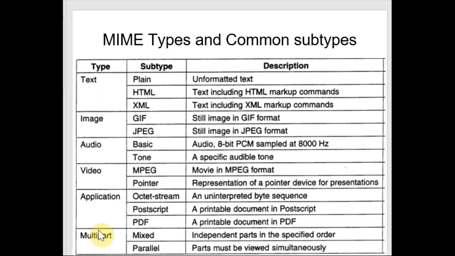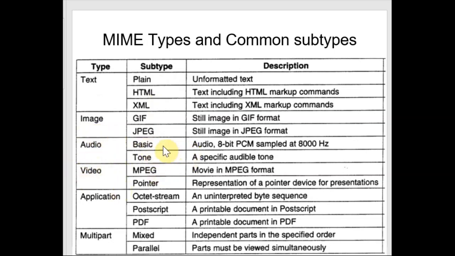For each top level type, there may be several subtypes available, some of which are written over here. In text you can see there are various subtypes, in image there are various subtypes, and for audio there are various subtypes likewise.